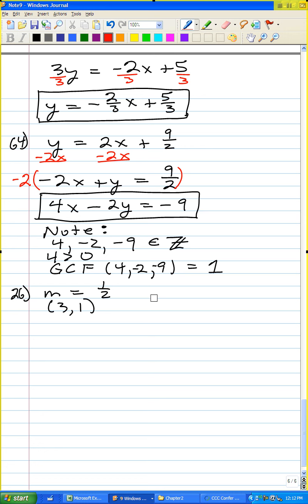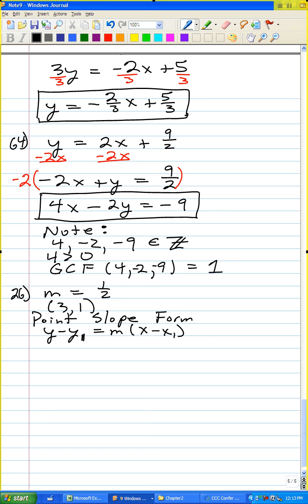So first let me put this into the point slope form. And so y minus y1 equals m times x minus x1.